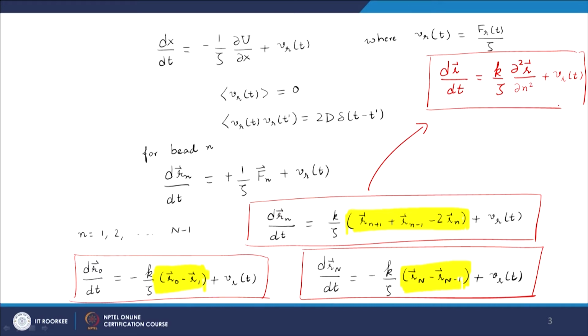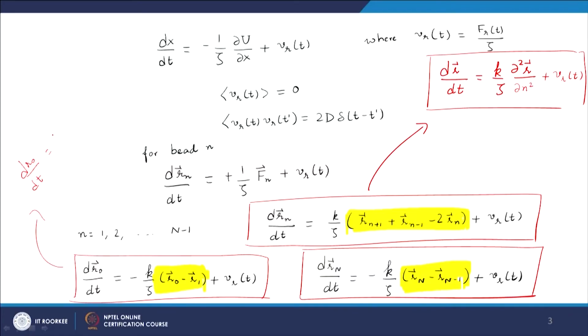And then I can also modify the two equations at the boundaries, again using those derivatives. There is something else that I can use here, and that is what I will explain in a moment.